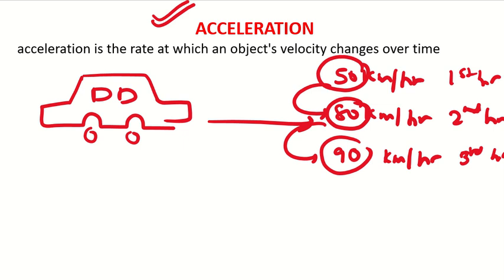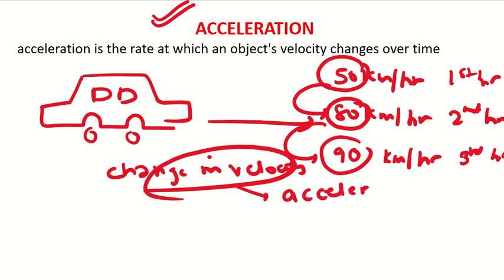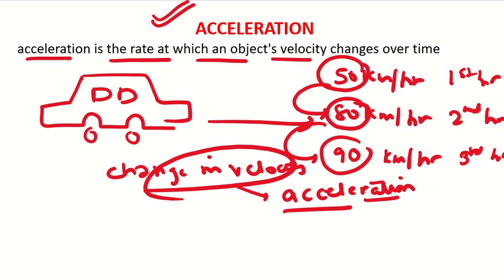This change in velocity refers to which topic? Acceleration. So what is acceleration? Acceleration is the change in velocity over time, and here is a definition. Acceleration is the rate at which an object's velocity changes over time.